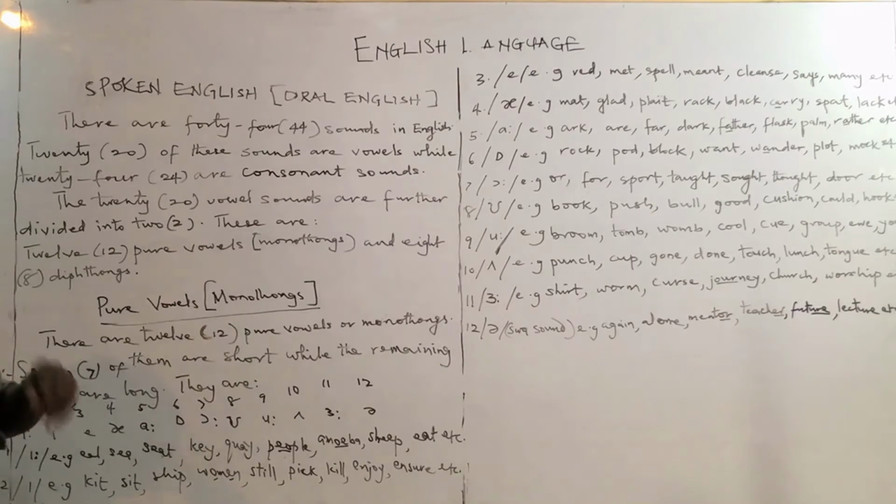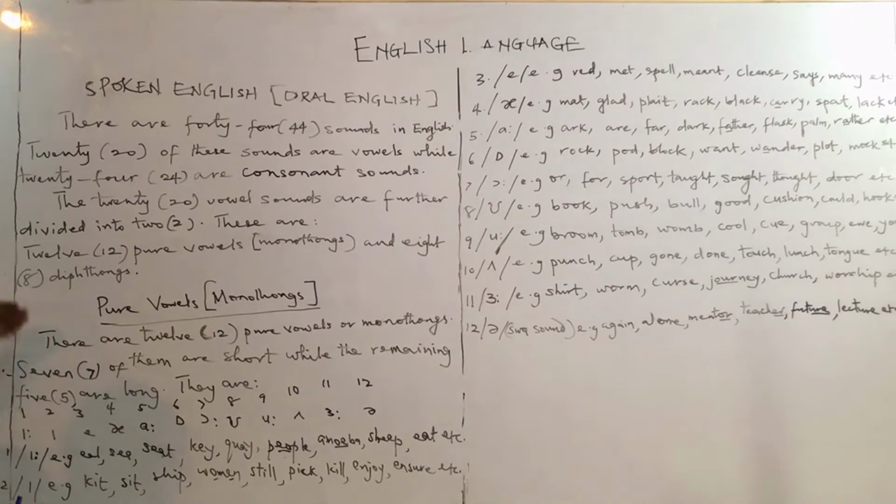So this is just the sounds. We have 44 sounds altogether. Out of these 44 sounds, 20 of them are vowel sounds and 24 consonant sounds. But the vowel sounds are further divided into 2.